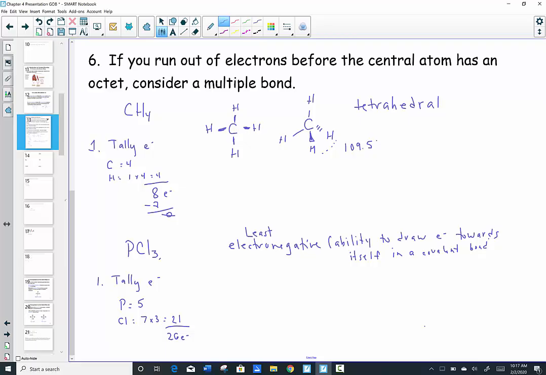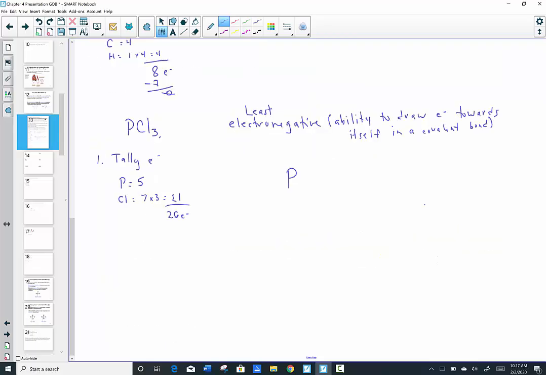So we want the least electronegative element, the farthest from fluorine, the least likely to be able to pull electron density towards itself. And clearly you can see that that's phosphorus. Phosphorus will go in the center. And instinctively, you're always going to know to pick, just think symmetrical. Symmetry, phosphorus in the center, and I can see attachments of chlorines going back. Step 2, we selected the least electronegative element, so we have the central atom.